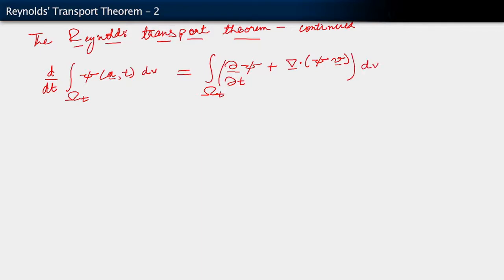So that's our general result. And then we saw how this can be applied to the mass density in the current configuration, and how that leads to a result that makes sense. What we're going to do now is prepare ourselves for other such applications of the Reynolds transport theorem. In particular, we want to think of situations where the quantity of interest is best expressed as something per unit mass.